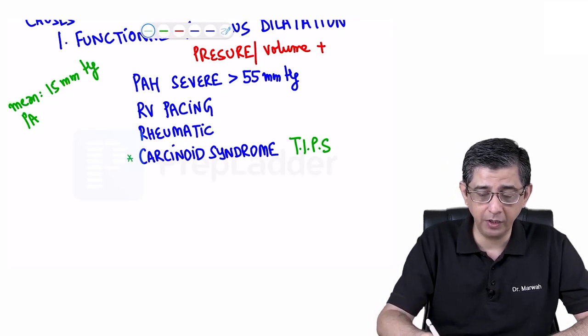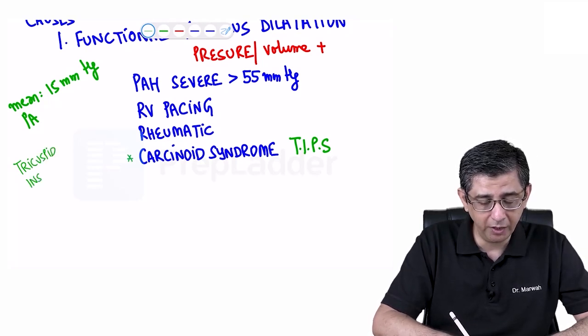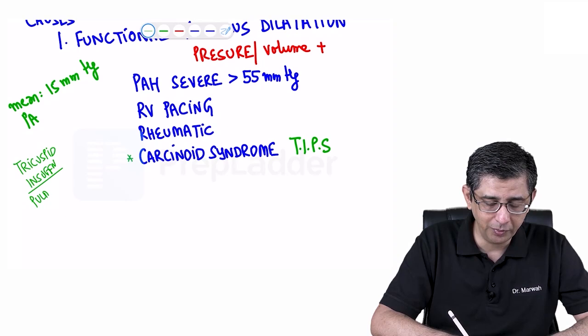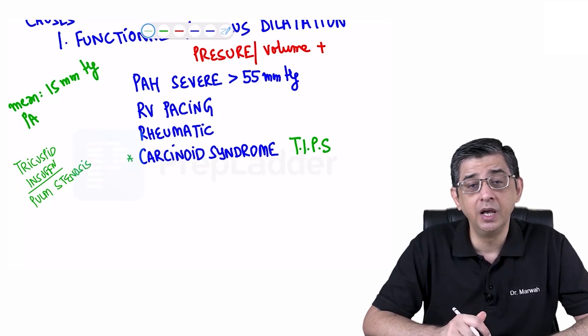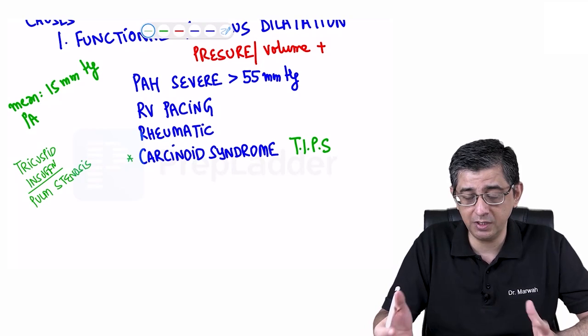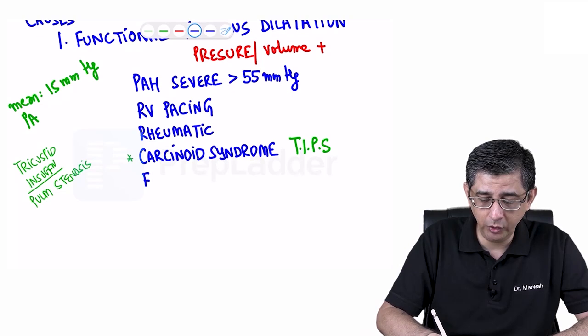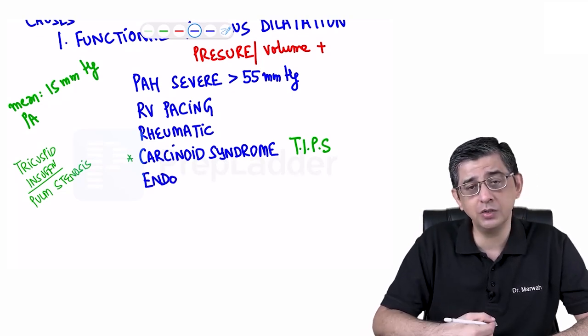Though this is discussed separately in carcinoid, I just want to repeat this fact before you: there are two important valvular lesions that you will encounter with carcinoid syndrome. One is pulmonic stenosis, second is tricuspid insufficiency. Both are present. If they ask you to select one, then first select tricuspid insufficiency, and that's the topic that we are studying.